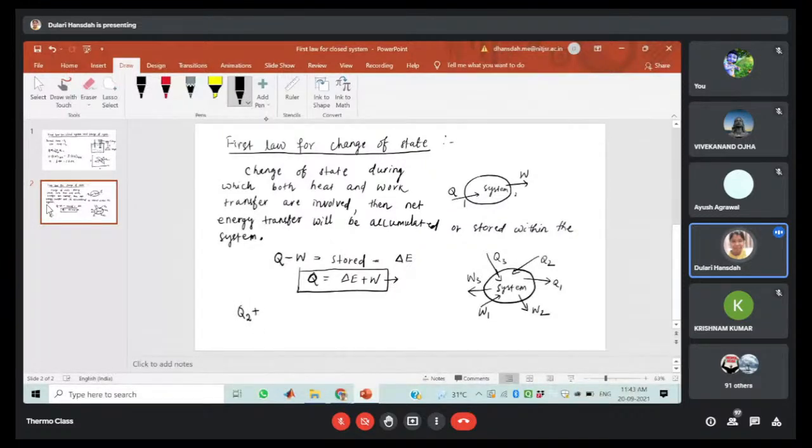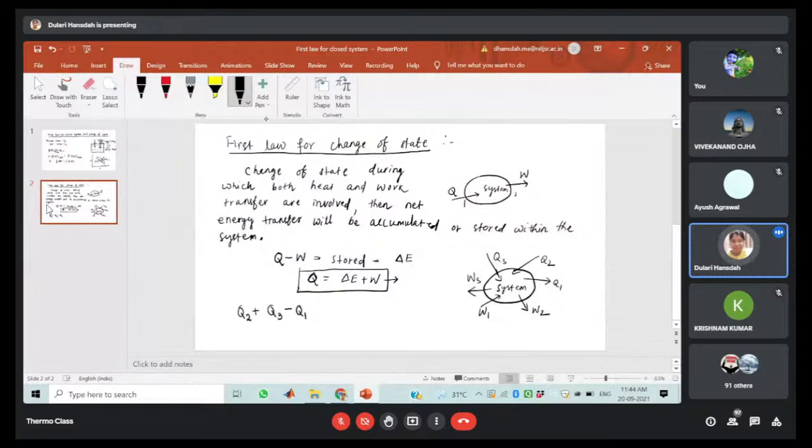So again we are having the Q3, that is the heat input. So here you will write positive quantity, that is your Q3. Okay. So Q1 is your heat transfer from the system. So here your sign convention will be negative. So this will be minus Q1.